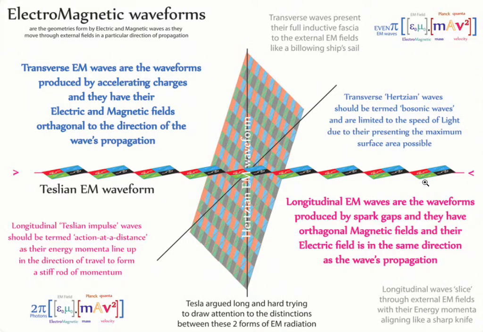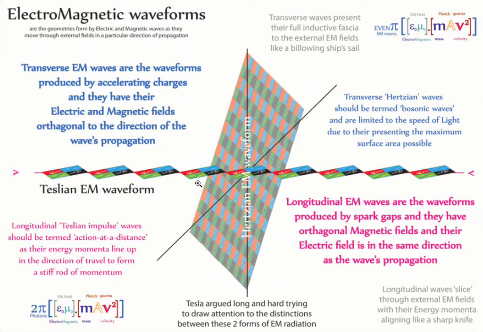These longitudinal waves, as they're termed in Tetryonics, have their energy momenta in the same direction, whereas the transverse waves have the energy momenta transverse to the direction of propagation. The Maxwellian or transverse waves are like a sail moving in the wind, whereas the longitudinal waves are best described like a knife cutting through in the direction of propagation.